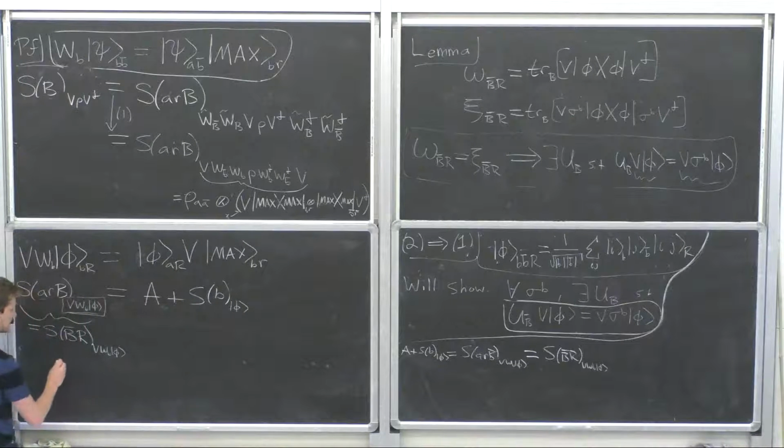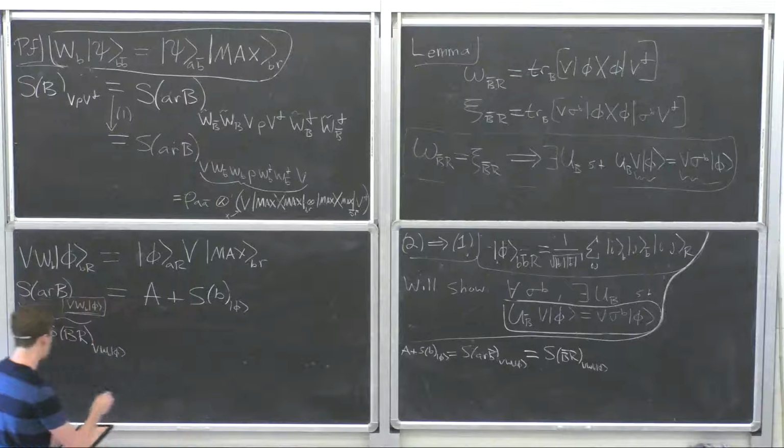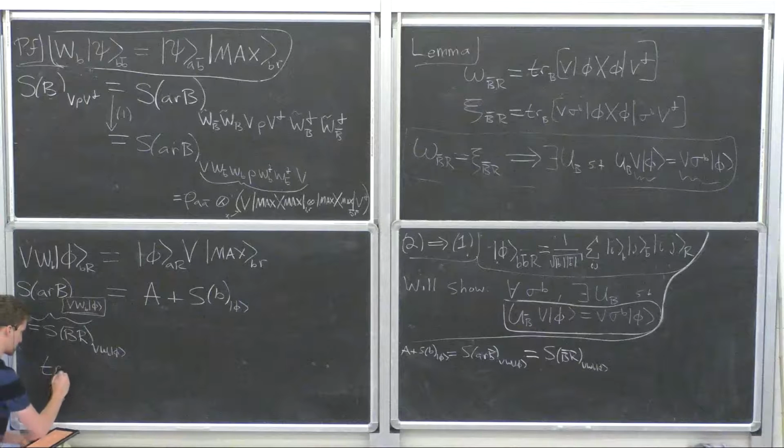Now, let's look at this state, this reduced density matrix. So we're going to take V, W, phi, and trace out everything but B bar R. Let's write that out. This step, you can just believe me because it's going to look like a bunch of symbols.